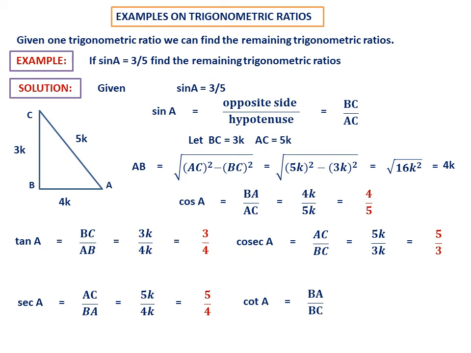Similarly, cot A, which is the reciprocal of tan. So BA by BC. So that's equal to 4k by 3k. So 4 by 3. So these are the remaining 5 trigonometric ratios which we determined. So this is how, one trigonometric ratio given, you can find all the remaining using the triangle.